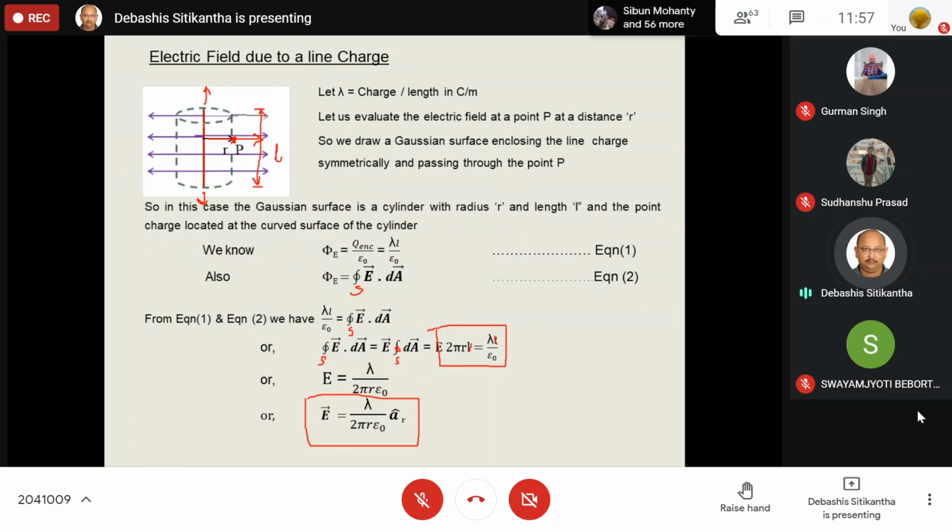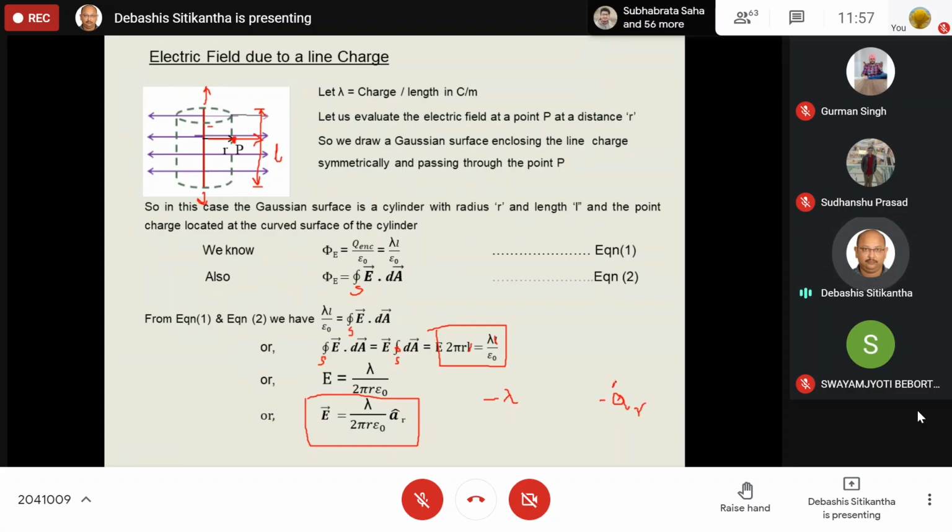Similarly, if it were negatively charged, then I would have either replaced this lambda by minus lambda, or replaced this a R cap by minus a R cap.